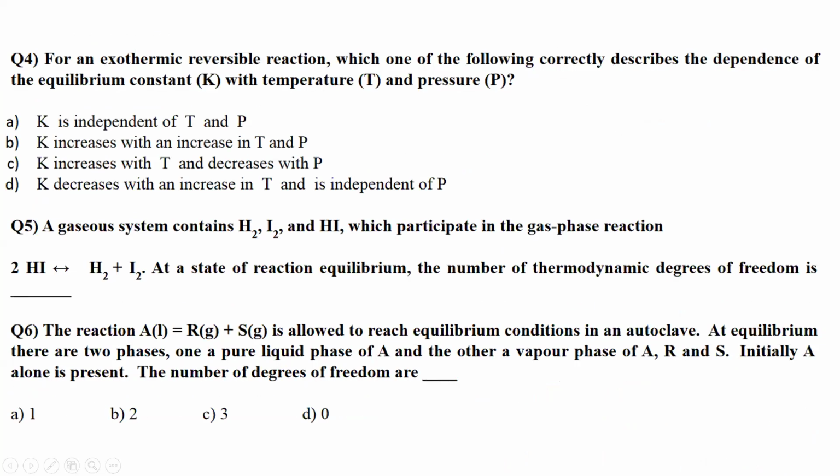Okay. For an exothermic reversible reaction, which one of the following correctly describes the dependence of the equilibrium constant with temperature T and pressure P?